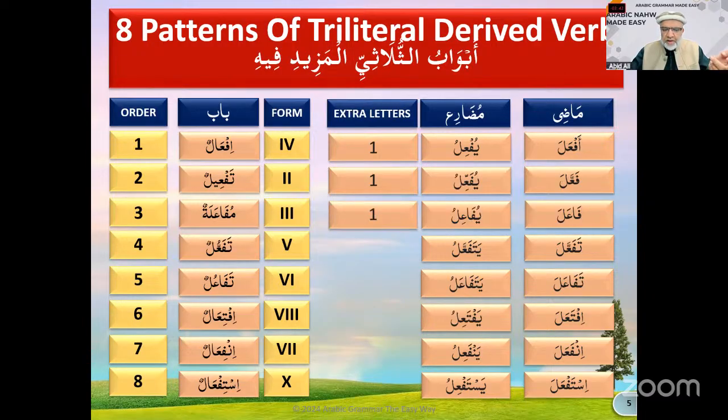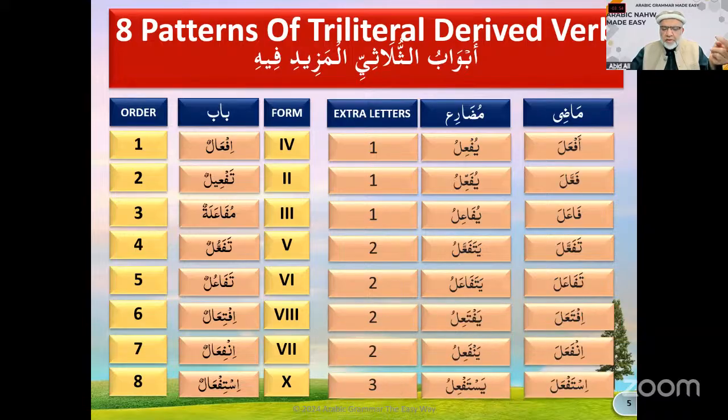And then Mufa'alatun has 1 extra letter. Tafa'ulun has 2 extra letters. Okay, this Tafa'ulun, 2 extra letters. So I'm kind of giving you an idea so that you can understand, and we can look at it when we go detail. So today our focus will be on Babun If'ālun, and time permitting, if we have some time left, we are going to do the introduction on Bab Tafeel.